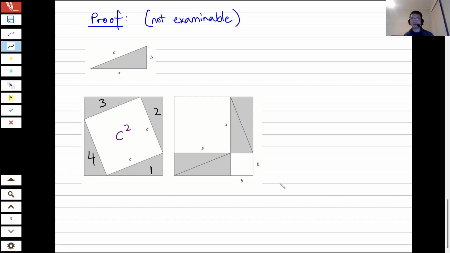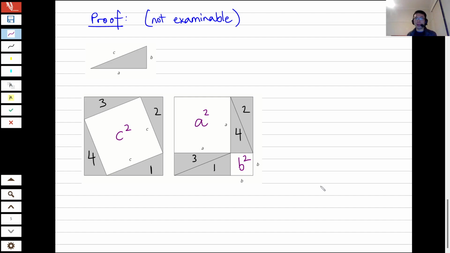Now, I could also rearrange the triangles to make this shape. And now you can see I have made 2 smaller squares, one of them with side length A, and another one with side length B. So the largest square has area a squared, and the smallest square has area b squared.